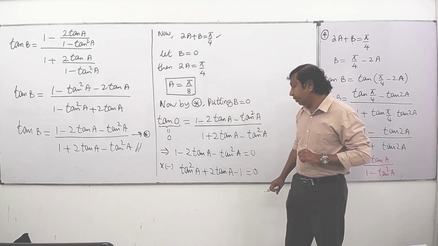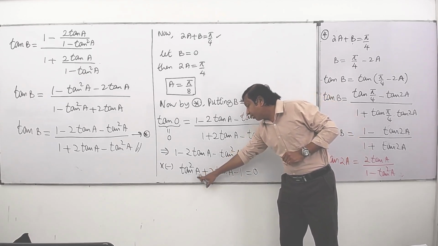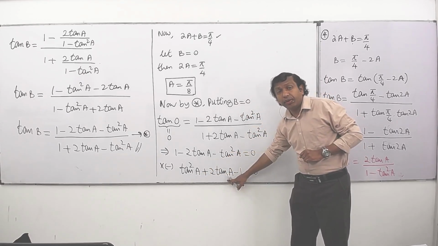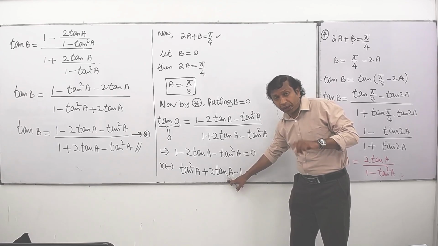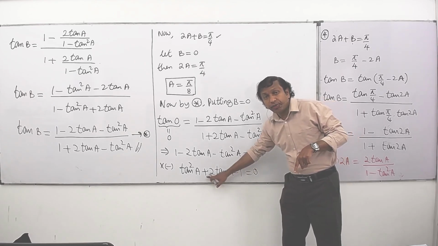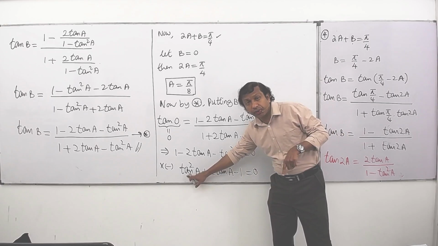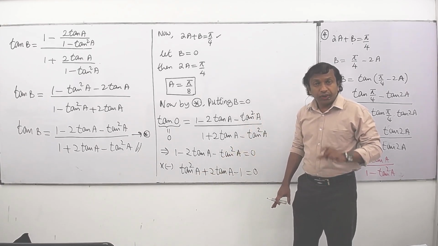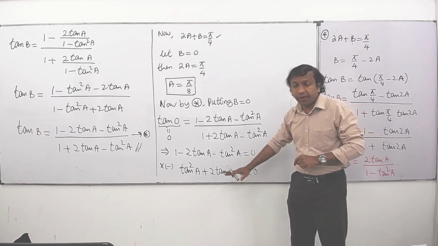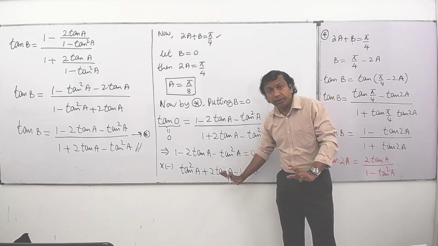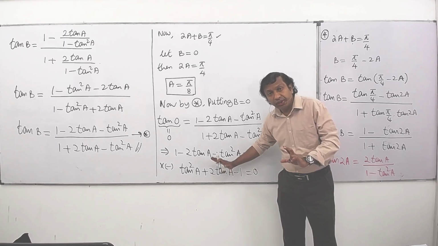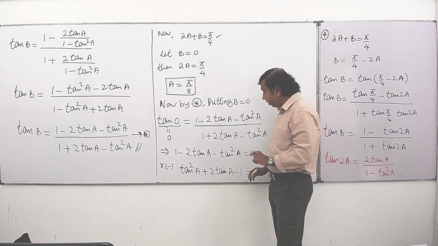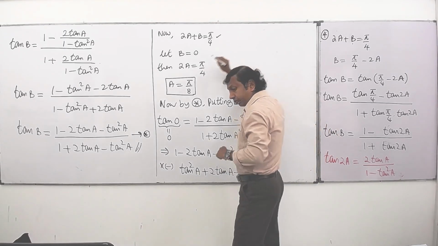Then we can see here, we have a quadratic equation in tan A. Since A is pi by 8, here we have a quadratic equation in tan pi by 8. Understood? Now what I do, people, for this tan A here, I write x. But here, A means pi by 8. And then we can rewrite this way. Right?